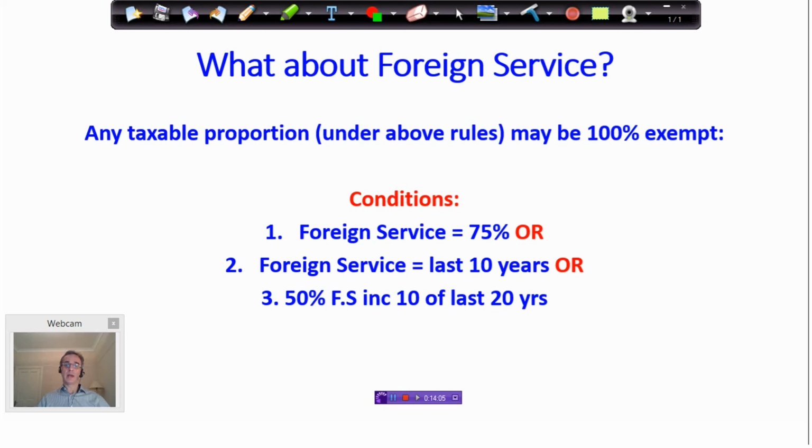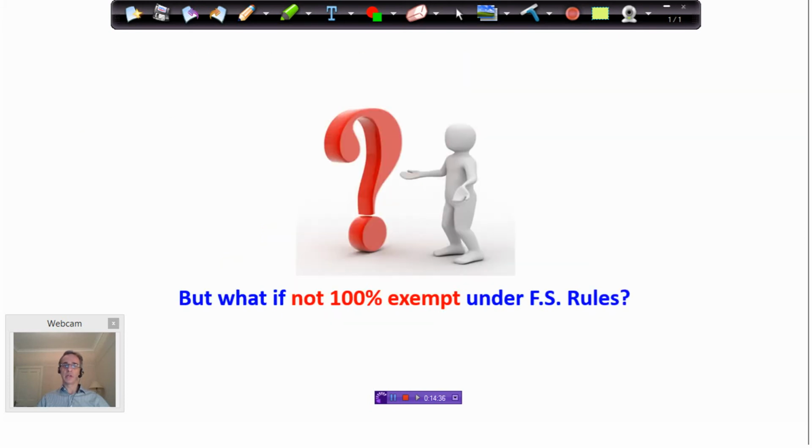Second, if foreign service is the last 10 years, in other words the last 10 years have been John working outside the Republic of Ireland, then again, 100% exempt. The third condition, and we really have to remember these, is 50% foreign service, including 10 of the last 20 years, then again, we can use our get out of jail free card.